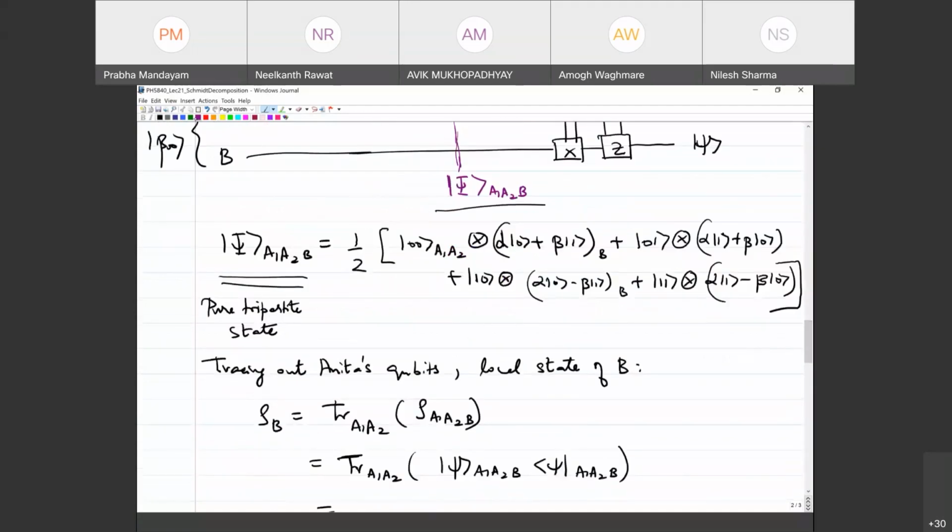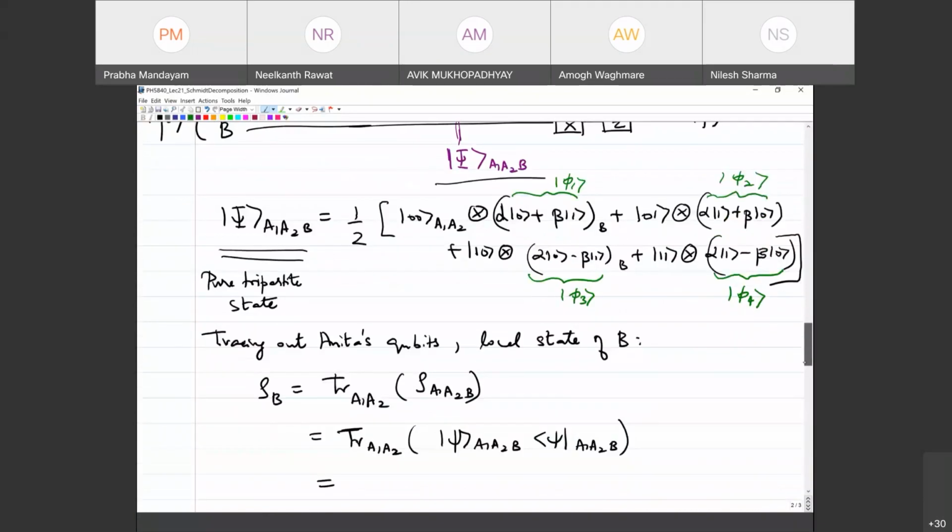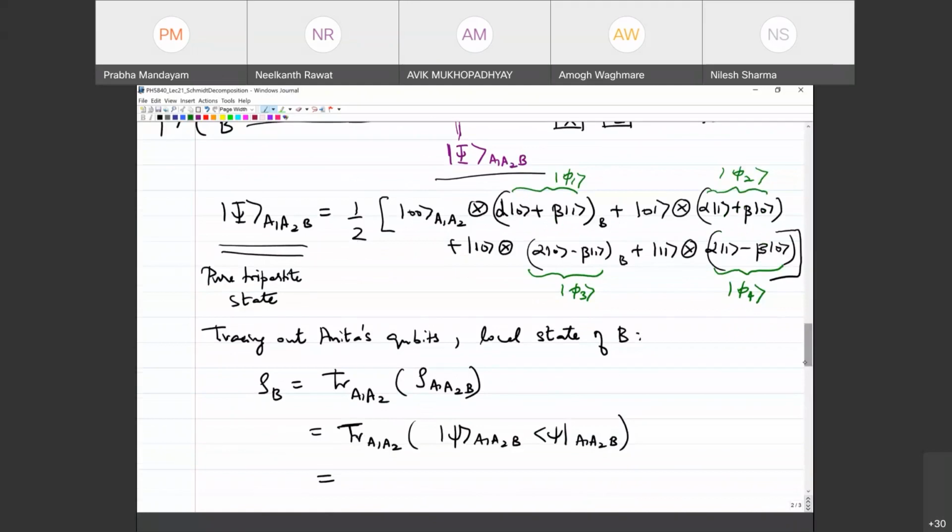So I'm going to call this state phi 1, this state phi 2, this as phi 3, and this as phi 4. Okay. So now you'll have to tell me what is this partial trace that you get. Can you work this out? I'll give you a few minutes.